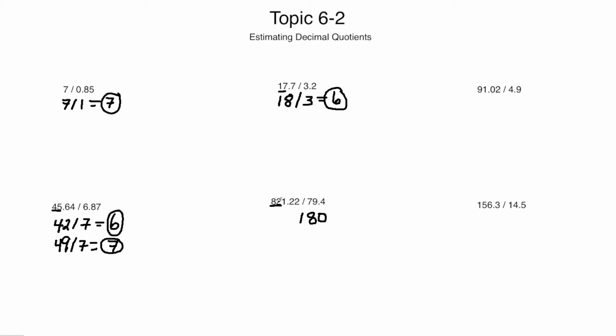What can I change 82 to make it compatible with 8? Well, I say make it 80. And then don't forget the ones place, so it's 800. Cross out the zeros. 80 divided by 8 is 10. So my estimated quotient is 10. If you got that one, awesome job.